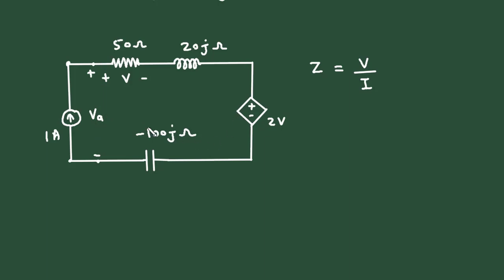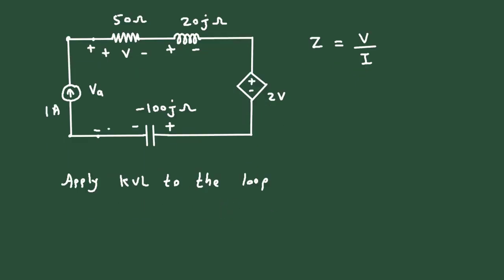Here inside this loop we will use KVL. Apply KVL to the loop. Let's say we are starting from this point. So it will be minus VA, then plus 50 multiplied with current.